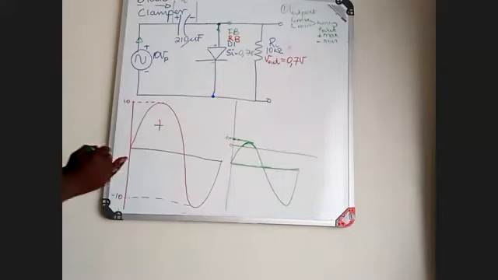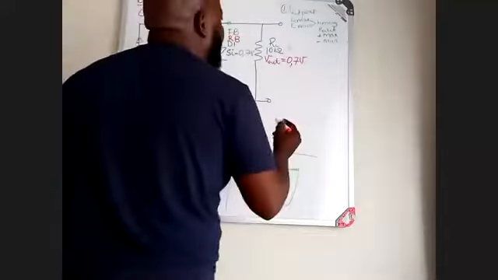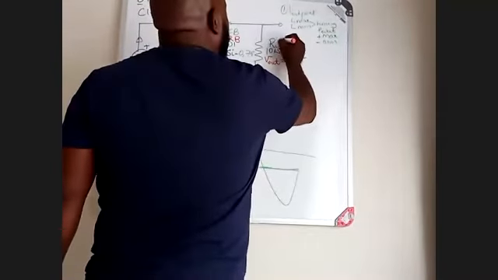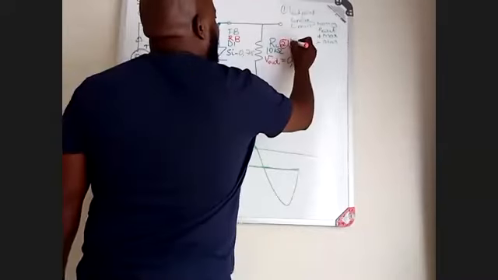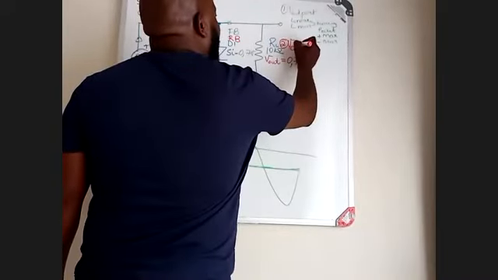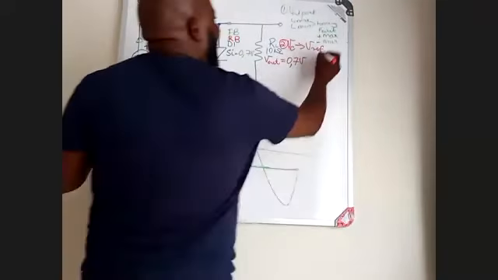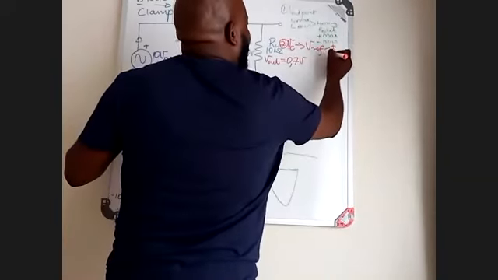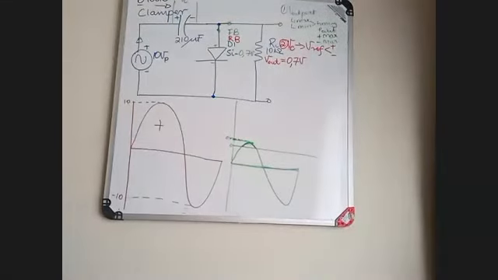In this type of circuit, your VC is the second thing that you must consider. Your VC becomes your Vref. Your VC is your reference voltage. It's either a positive or a negative reference.